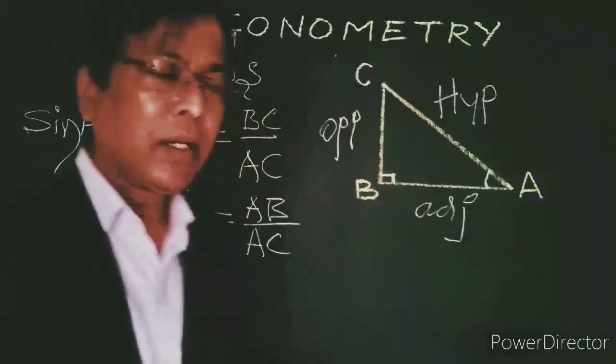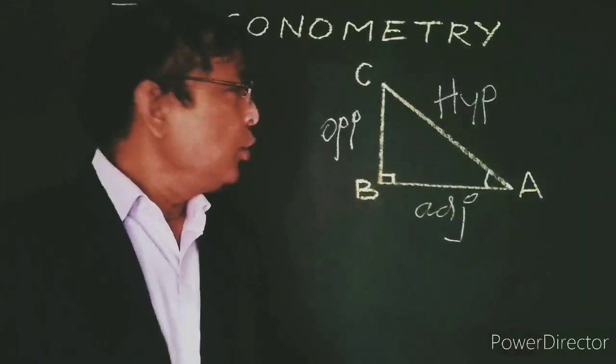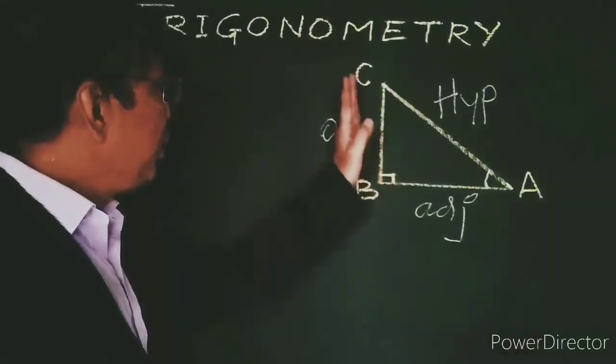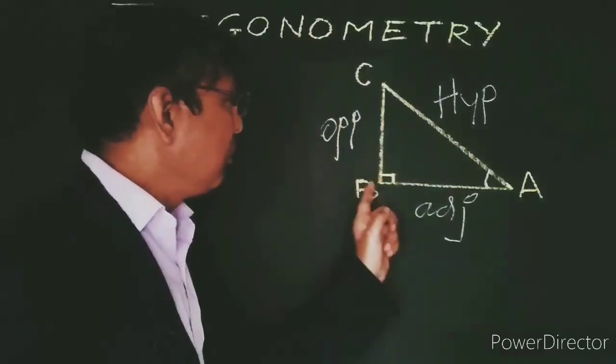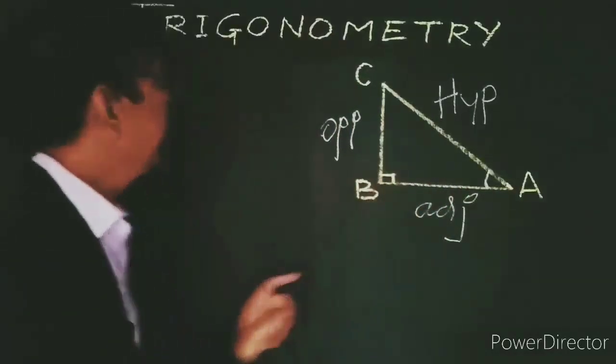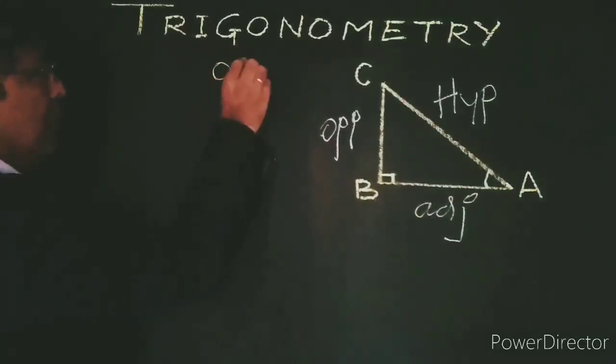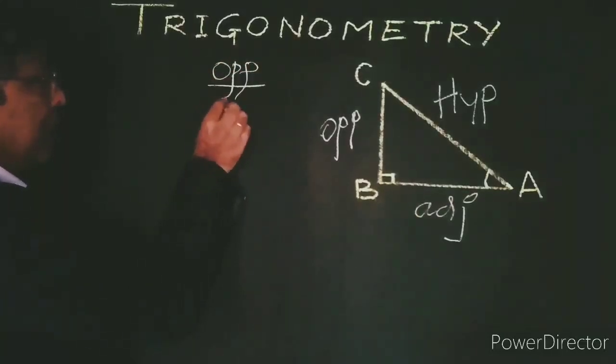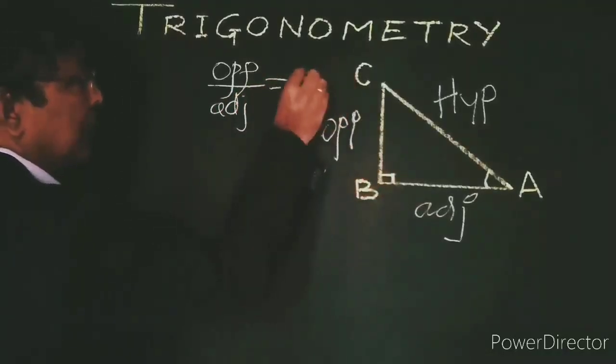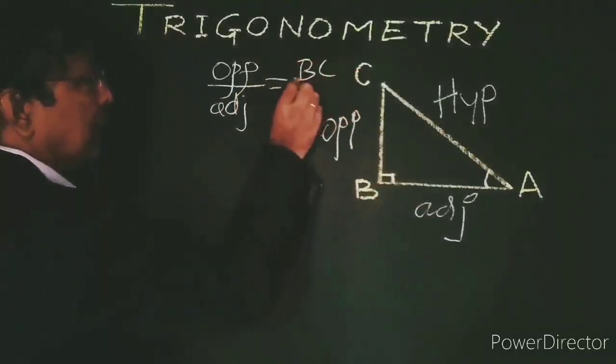Now, the third ratio. The third ratio can be obtained by dividing the opposite side by the adjacent side. What is the opposite side? The opposite side is BC. What is the adjacent side?